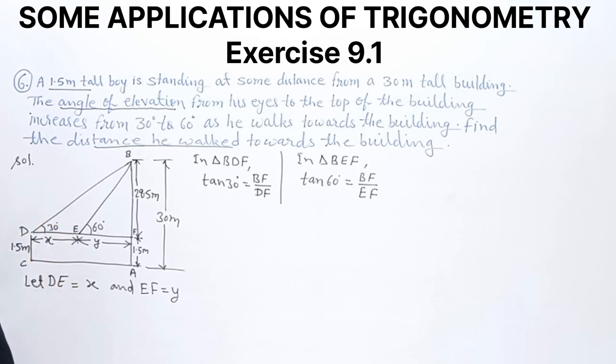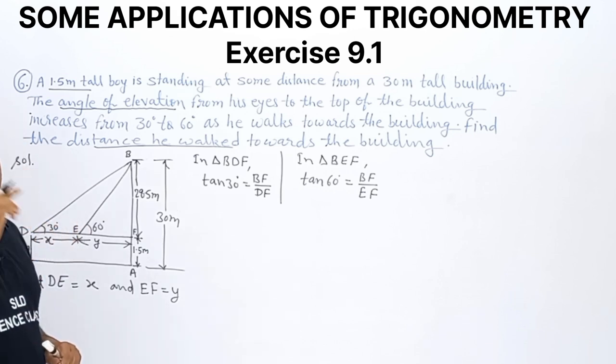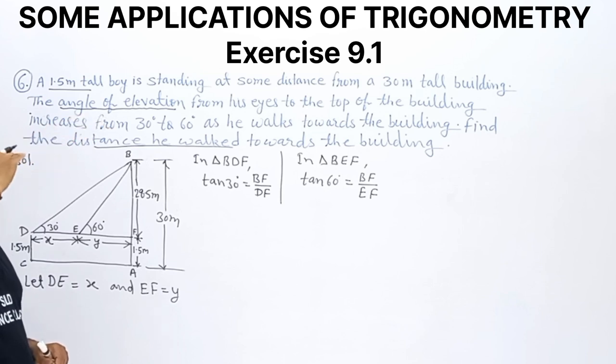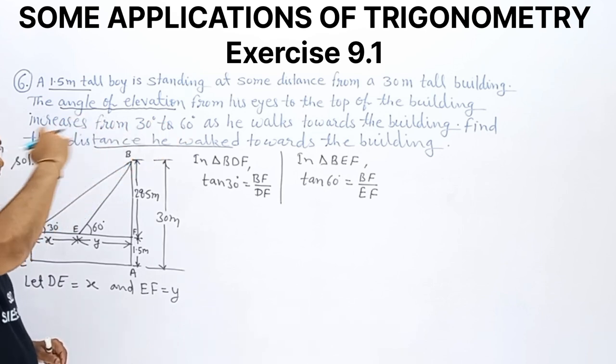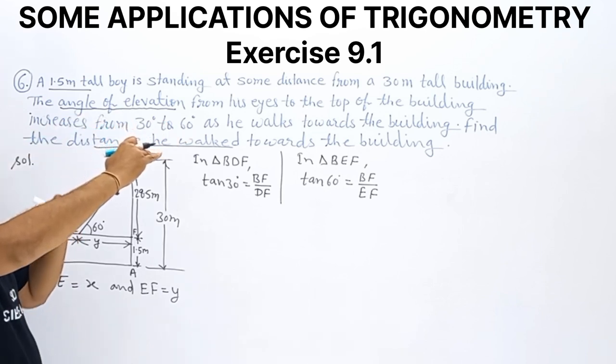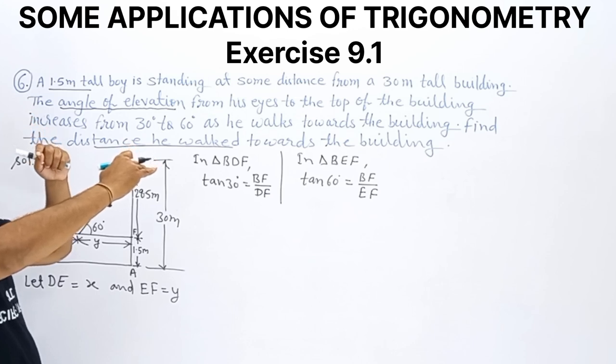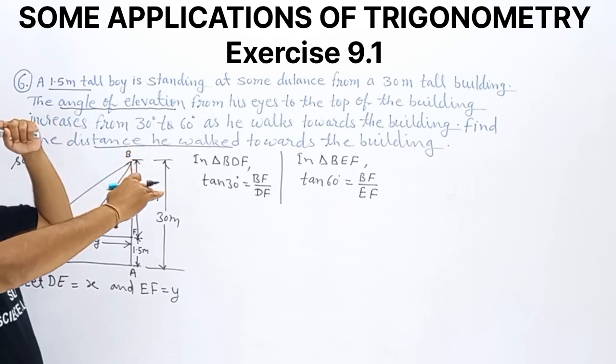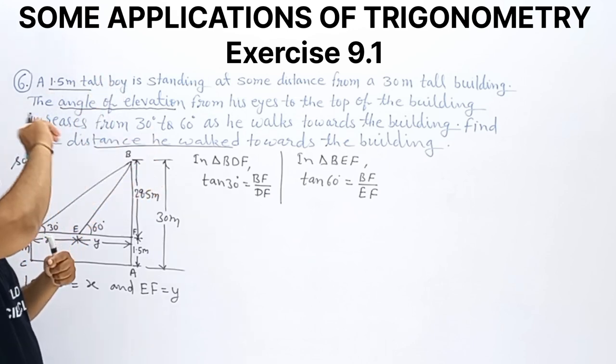We want to find the distance traveled by the boy from the initial position to this position. This distance we want. So first we should know height of this boy is what? 1.5 meter. This angle of elevation we are considering from the line of sight, from the eyes position. This is the level of eyes. Once we raising eyes, or we can say raising head, then eyes making this level angle is what?